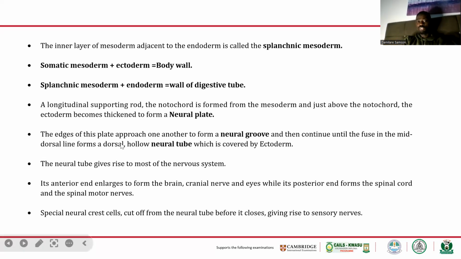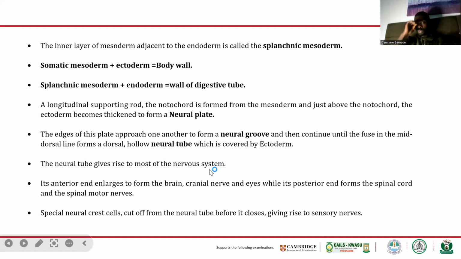The edges of these plates approach one another to form the neural groove, and then continue until they fuse in the mid-dorsal line to form a dorsal hollow neural tube, which is covered by ectoderm. The neural tube gives rise to most of the nervous system.